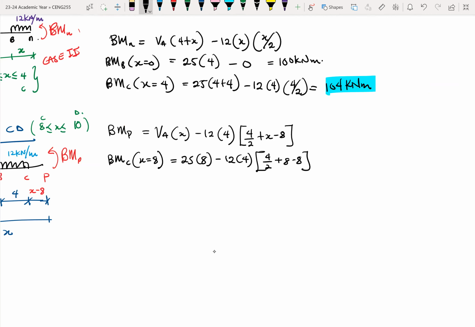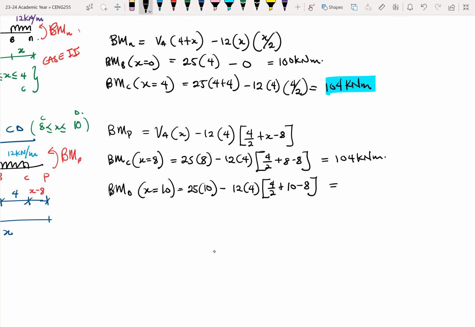So that'll give us 0. And when you compute it, you should get 104 kilonewton meter. Then the bending moment at D, when x is equal to 10, will be 25 times 10 minus 12 times 4 times 4 over 2 plus 10 minus 8. I'm just substituting the value of x into these equations. And that'll give us 58 kilonewton meter.